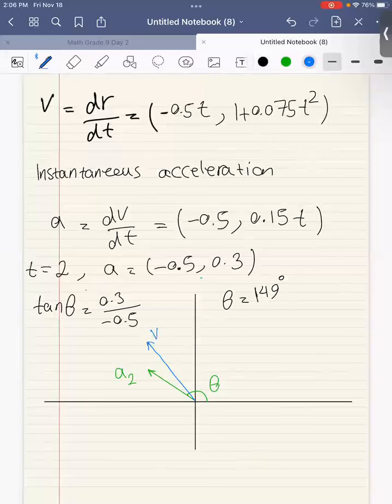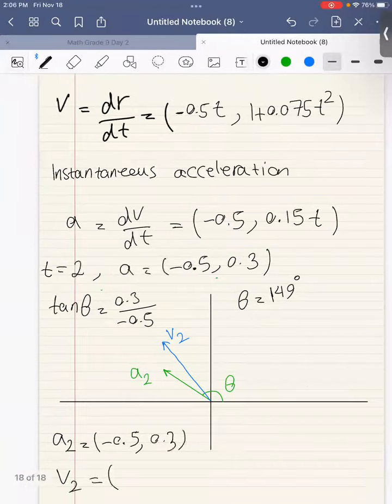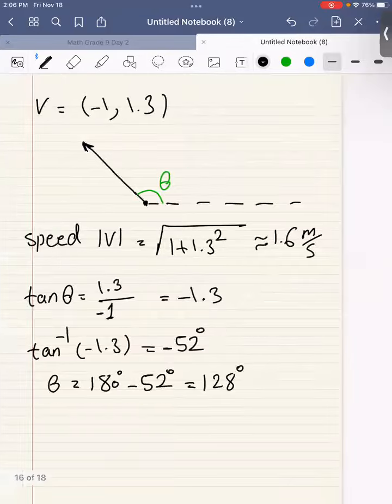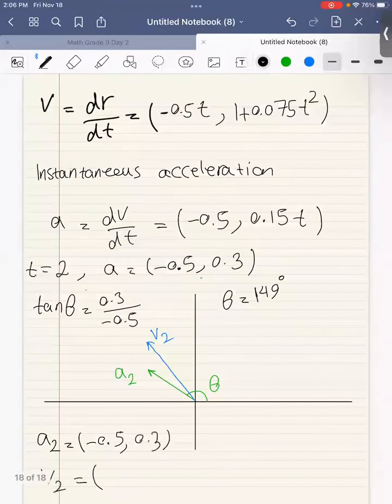This is the velocity, v2. So the acceleration, a2, is minus 0.5 and 0.3. The velocity at time 2 is equal to -1 and 1.3.